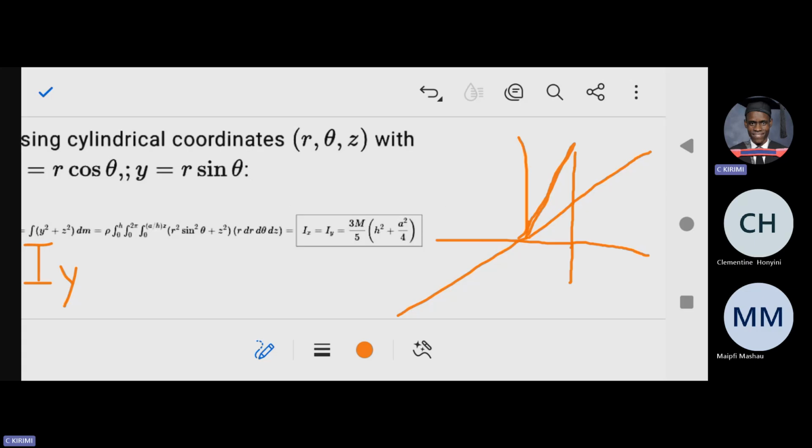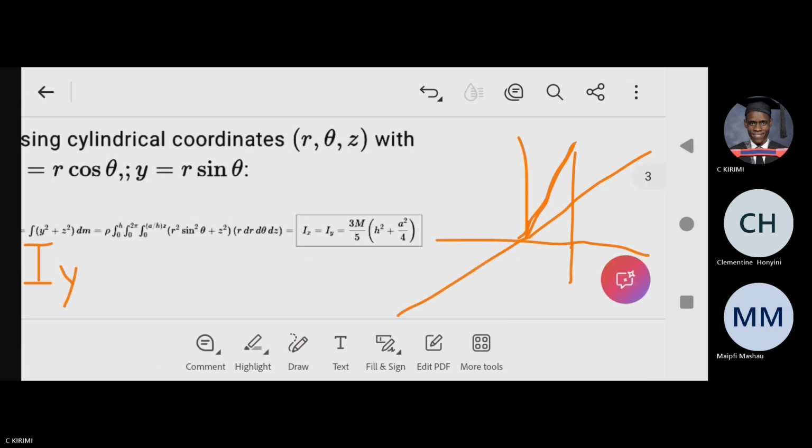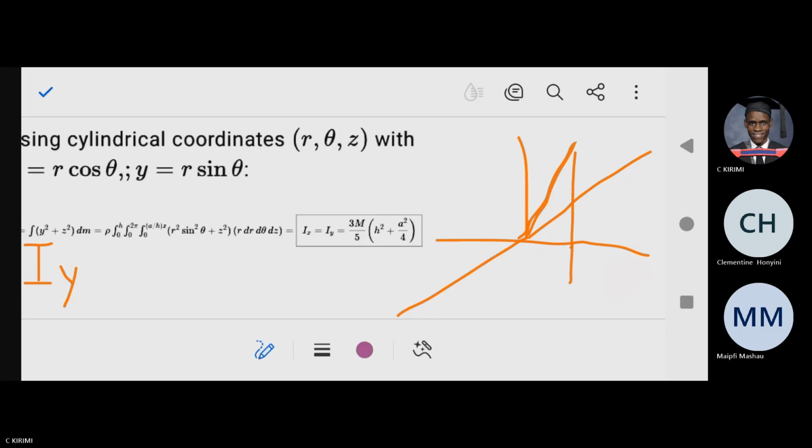I want you to see where the theta is coming from. This is our radius, which has moved some certain distance in the x and some certain distance in the y.